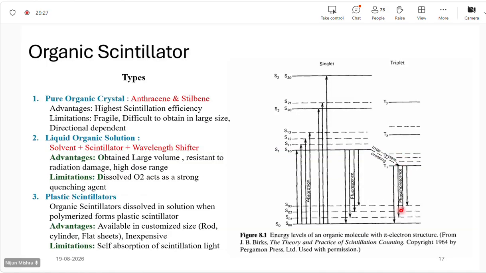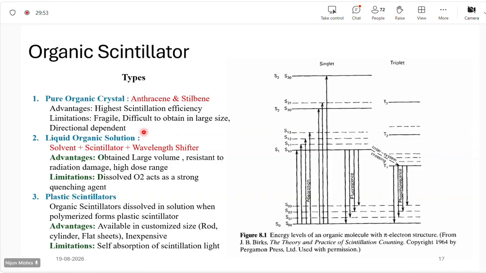Organic scintillators are mainly of three types. Pure organic crystals, mainly anthracene and stilbene, have the highest scintillation efficiency, but the limitations are they are fragile, difficult to obtain in large size, and directionally dependent.